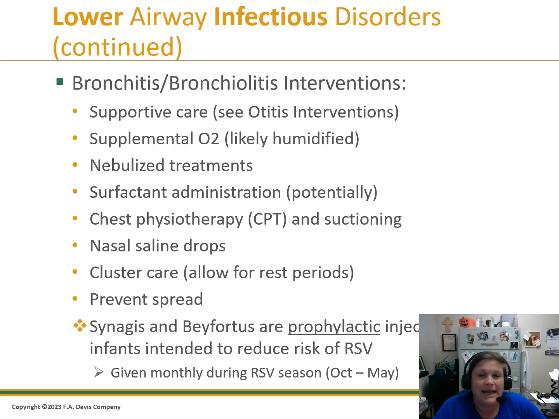Now, the ones that could receive this were children who were premature and had at least one diagnosed chronic condition. And that condition usually had to do with something cardiac or respiratory related.